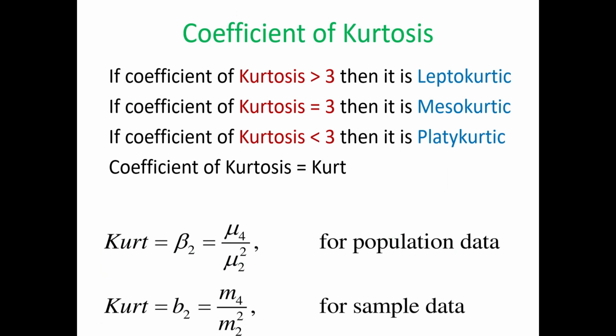The coefficient of kurtosis, if greater than 3, is leptokurtic, equal to 3 is mesokurtic, and less than 3 is platykurtic. It is calculated by beta 2 equals mu 4 divided by mu 2 squared, and for sample data, b2 equals m4 divided by m2 squared. Here mu 2 is the variance, and mu 4 is the fourth moment of the deviation.